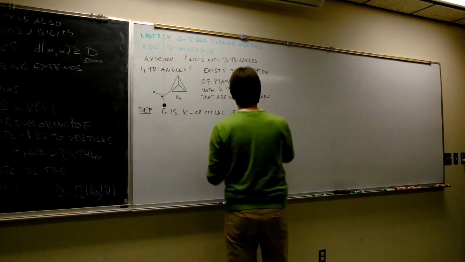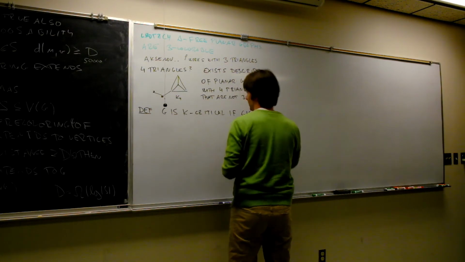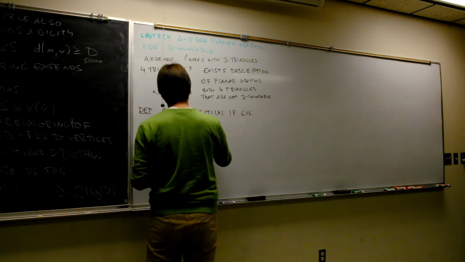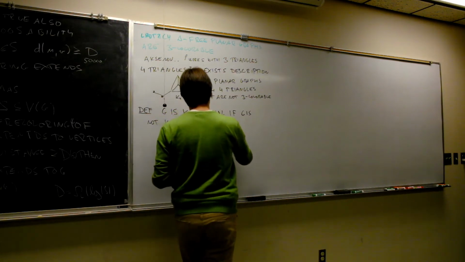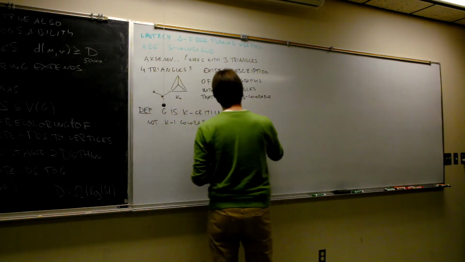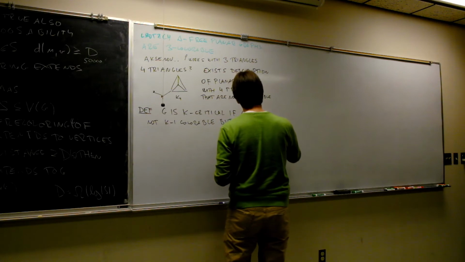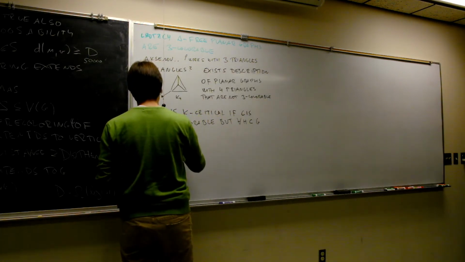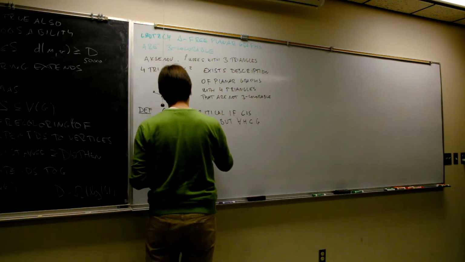G is k-critical if G is not k minus 1 colorable, but for every H that is a proper subgraph of G, H is k minus 1 colorable.